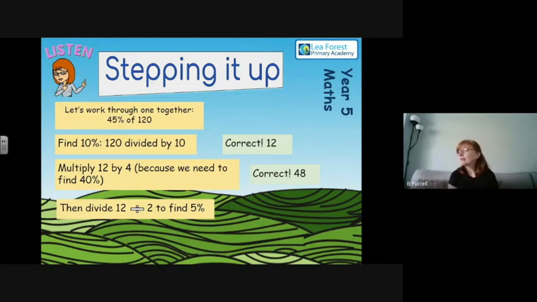I don't know whether you've pressed too many times in your eagerness to get in there. But just check that for me, because we've only got 12, and when we divide, our answer must always be less than we started with. Come on, you sleepyheads. 12 divided by 2. Half of 12.